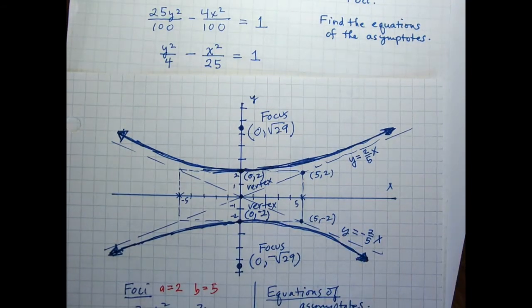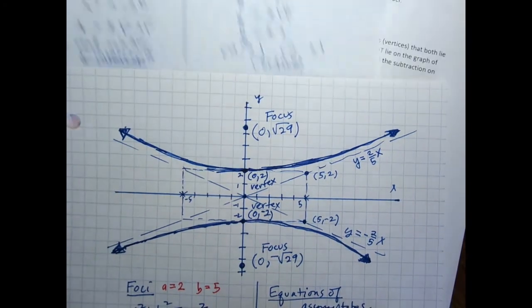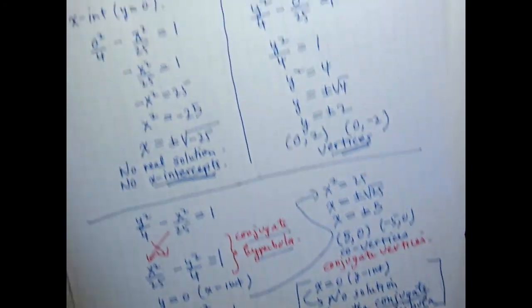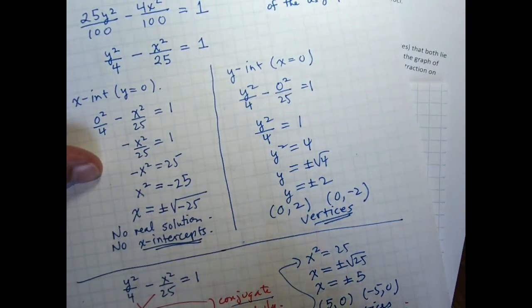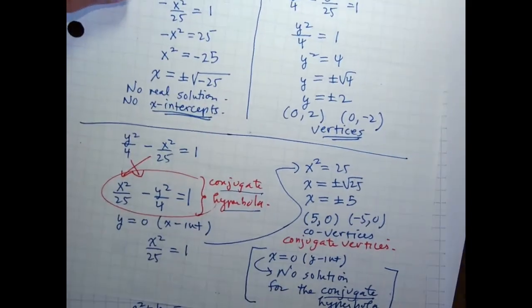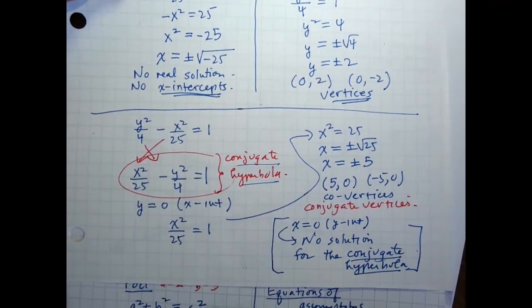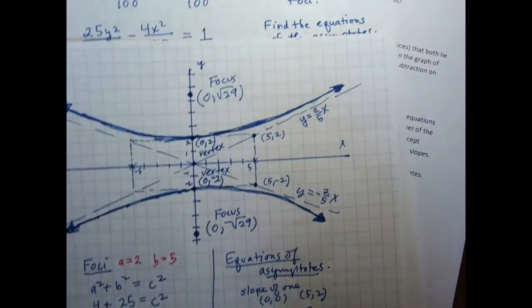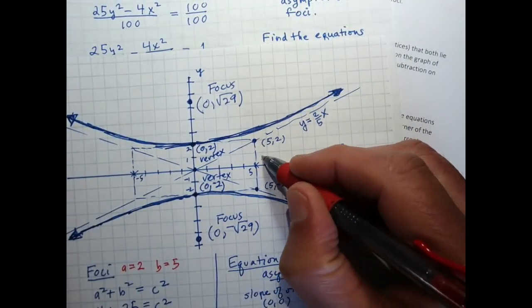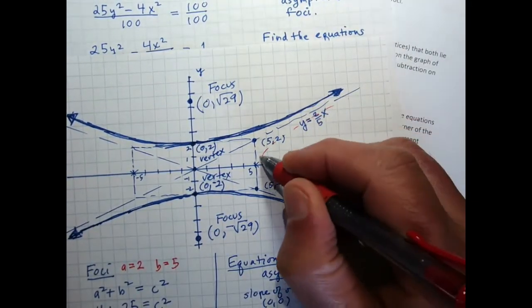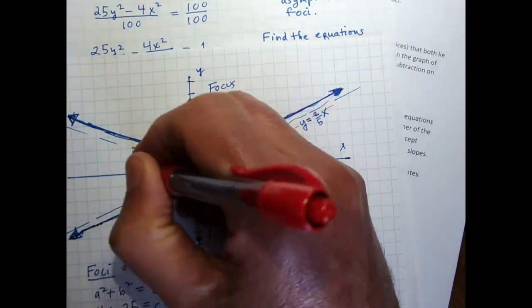Okay, and then just one last comment. We don't draw it, we talk about it, but we didn't draw it. I've talked about this conjugate hyperbola, that equation we got when we turn the subtraction around. Again, we don't want to add it to this picture, but that conjugate hyperbola would be here and here.